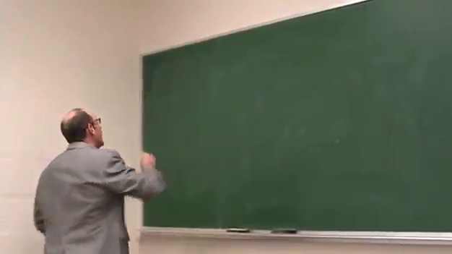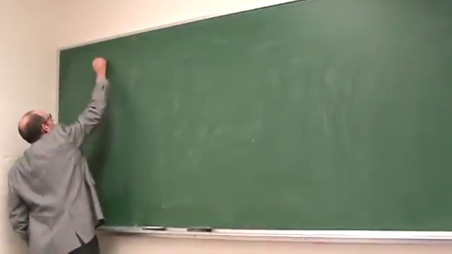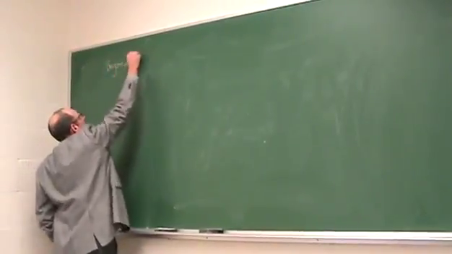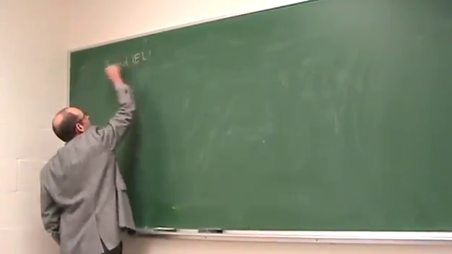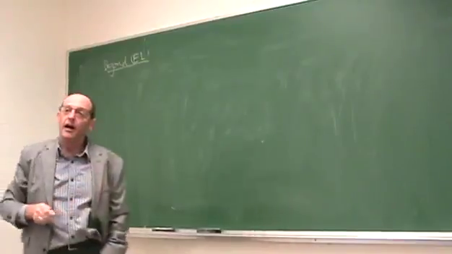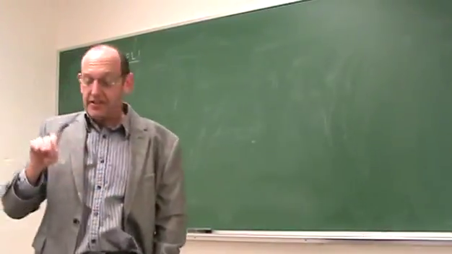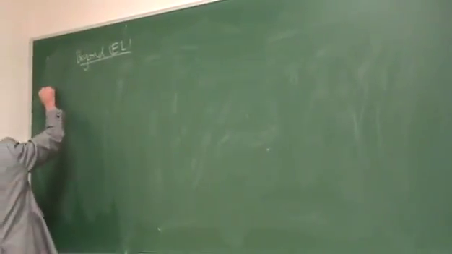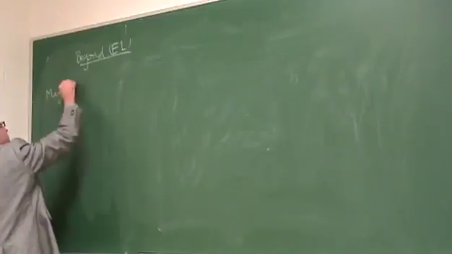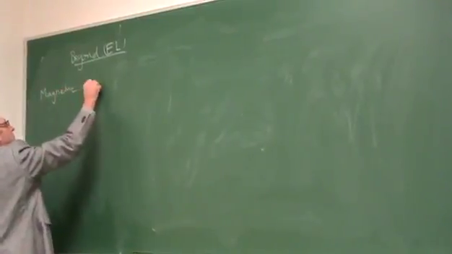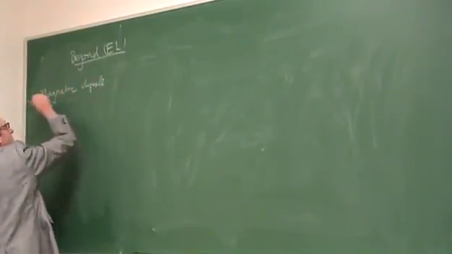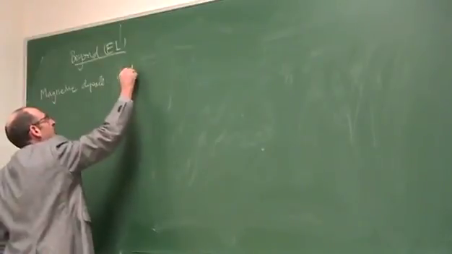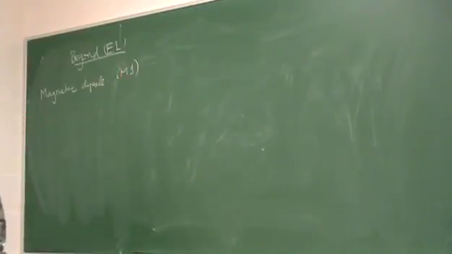So we want to now look at beyond E1. Let's continue to think about, for the moment, one electron in the valence shell. So let's think about magnetic dipole, affectionately known as M1.